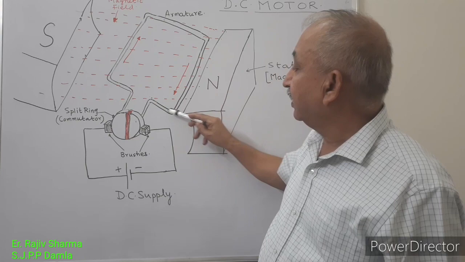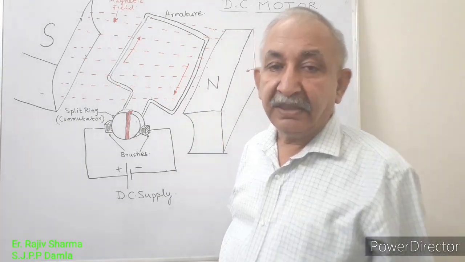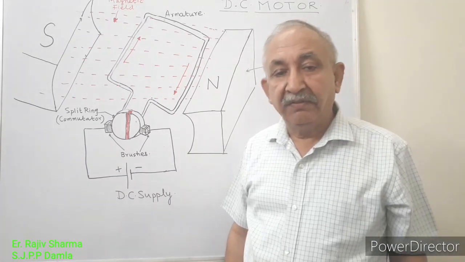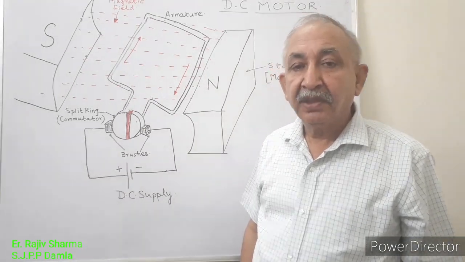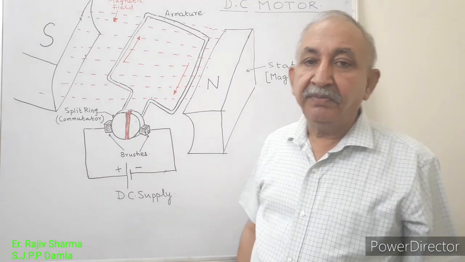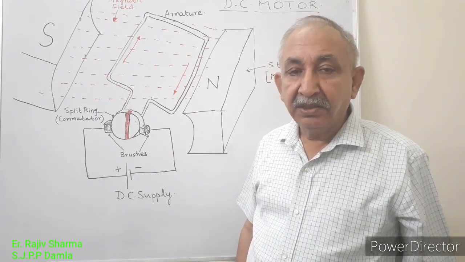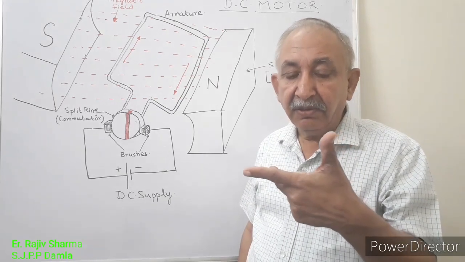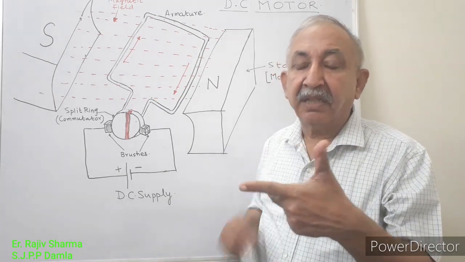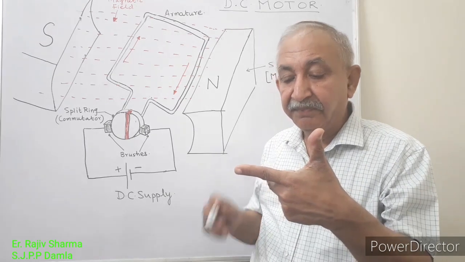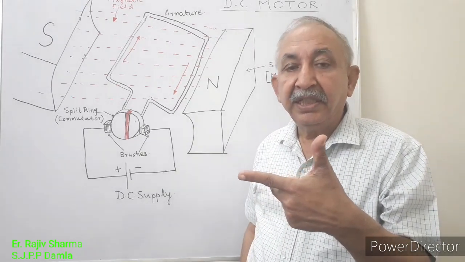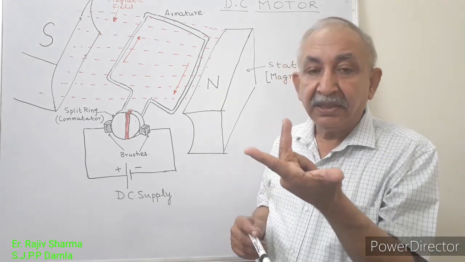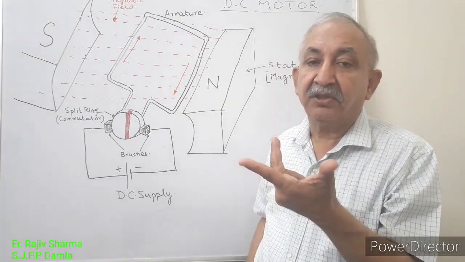Now to find the direction of rotation of the conductor, we have to apply Fleming's left hand rule. The thumb indicates the direction of the motion, the forefinger indicates the direction of the magnetic field, and the middle finger indicates the direction of current.